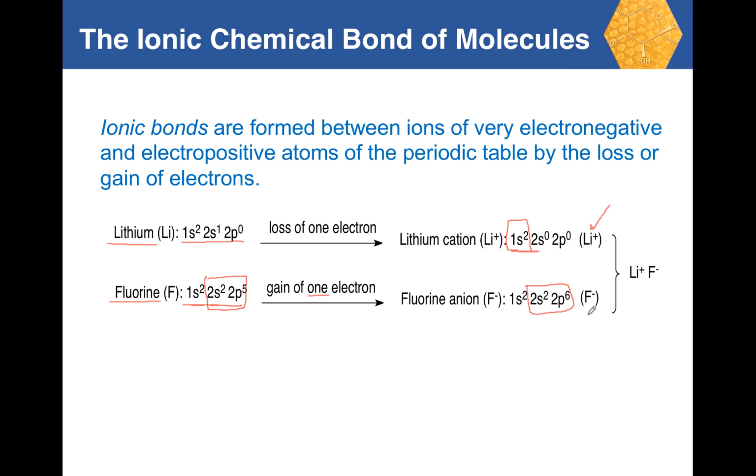But in so doing, it becomes fluorine negative. Of course, as we just discussed, you do not say fluorine negative, but you say a fluoride ion. Because of the positive and the negative, they attract to form a molecule, lithium fluoride, and the bond that holds the lithium attracted to the fluoride is called an ionic bond.